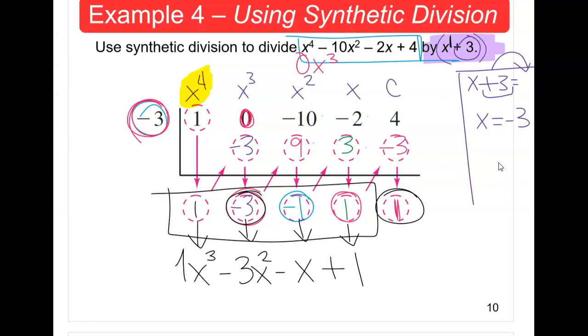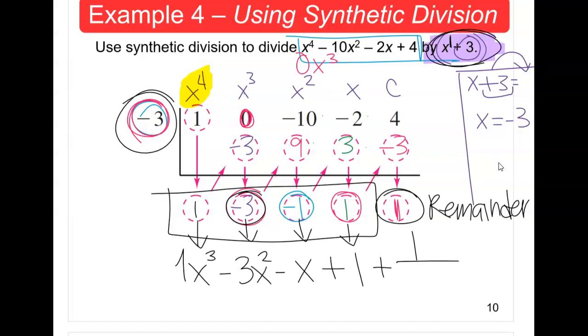And then for the remainder, this is going to be a fraction. 1 over, and we're going to use the divisor in this form, x plus 3. And so that is what the whole polynomial was, the original dividend. x to the 4th minus 10x squared minus 2x plus 4.